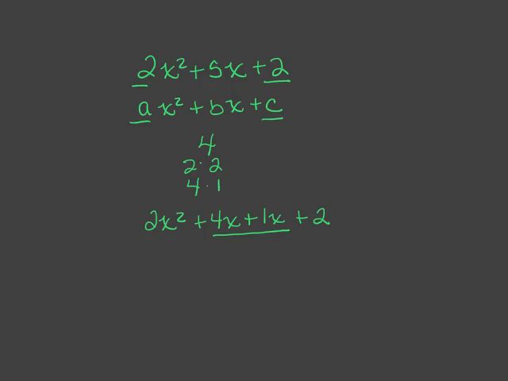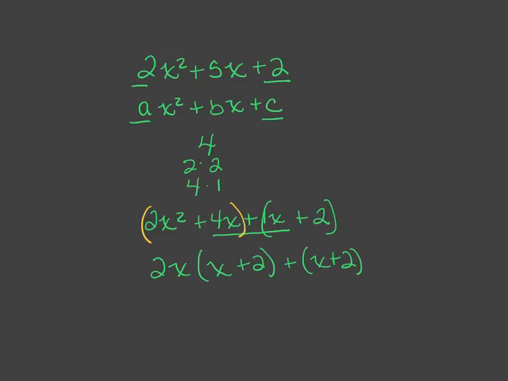So if I pull out, let's see if I do it like this. Consider this group here. If I pull out a 2x, that will leave me with an x plus 2. And over here, I already have an x plus 2. Right here.